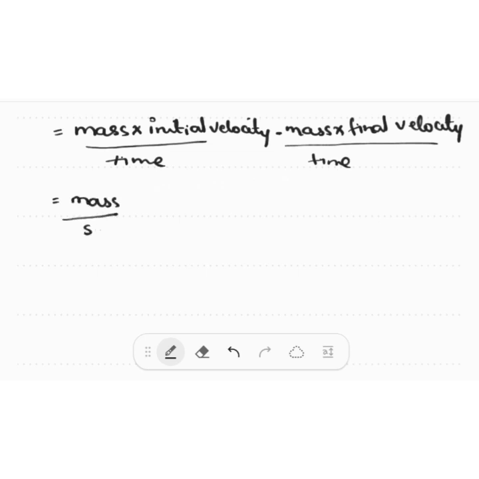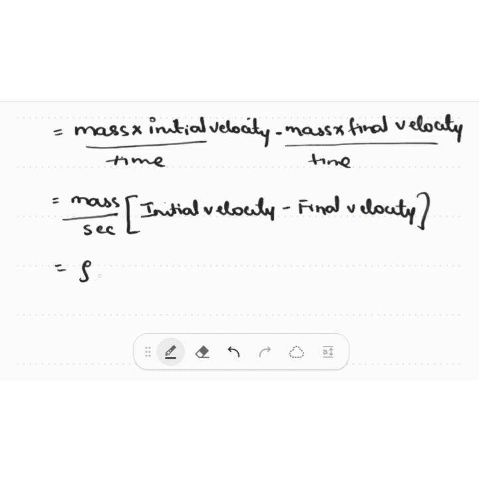You can write it as mass per second into initial velocity minus final velocity. The initial velocity is the velocity of the jet before hitting the vane, and the final velocity is the velocity after hitting the vane. Mass per second we can write as rho into A into V.